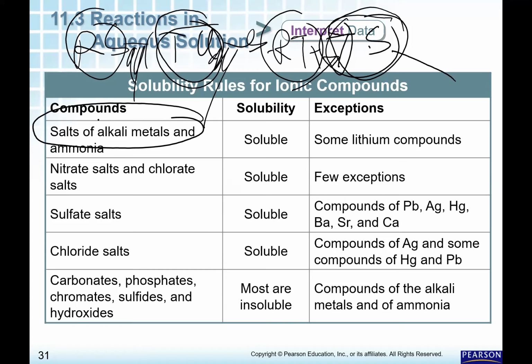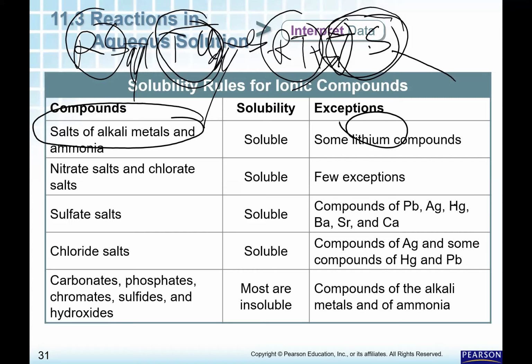The exception is lithium. Lithium compounds are an exception from that. Such an exception is usually not asked about. But there are exceptions here that are very important, as a matter of fact.